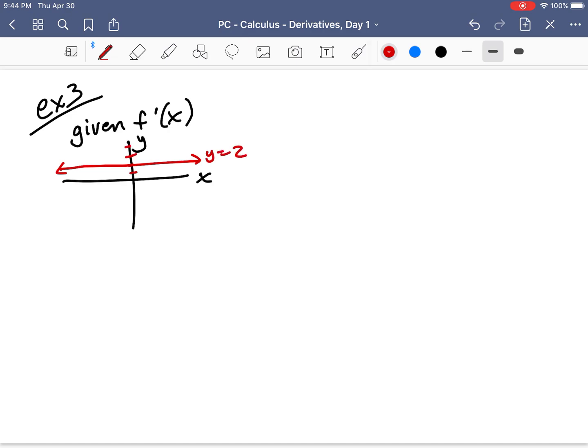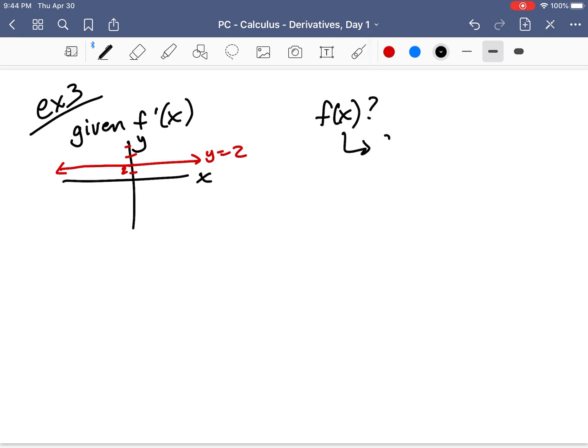So 1, 2, 3, 4, this is at 2. Think about it. If your slope is always 2, that must mean you had a line whose slope was 2. So the question here is, what does f of x look like?